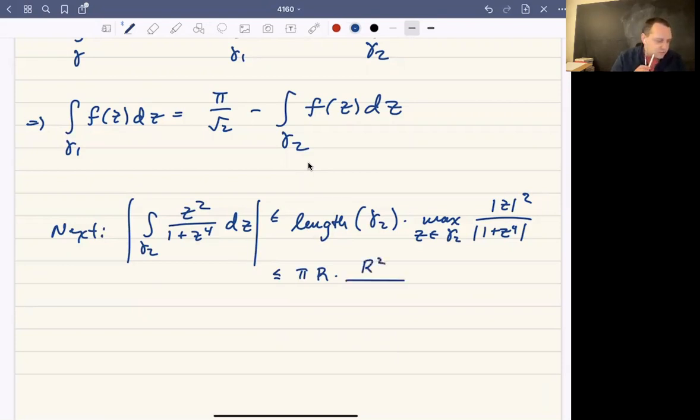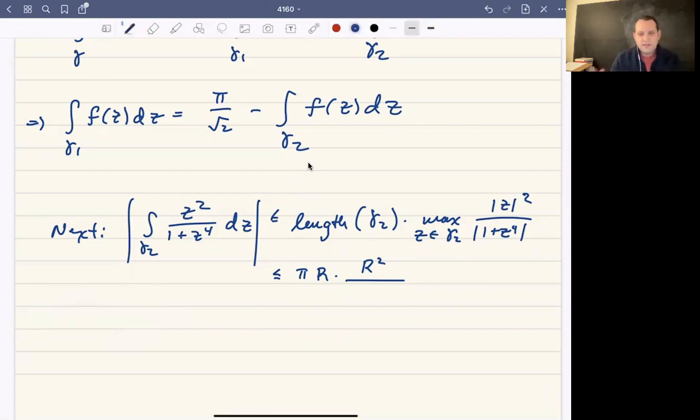And the magnitude of 1 plus z to the fourth, by the reverse triangle inequality should be greater than or equal to the magnitude of 1 plus, I need to think about this. Yeah, let's do it this way, because I always forget the triangle inequality.